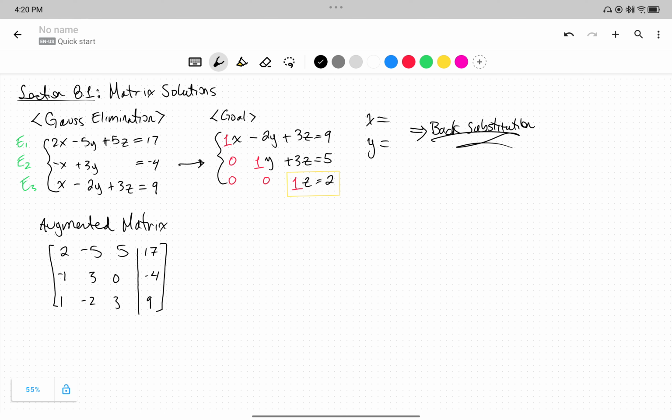The next thing that is a little different is instead of calling them equations, we're going to call them rows. Row 1, row 2, row 3.